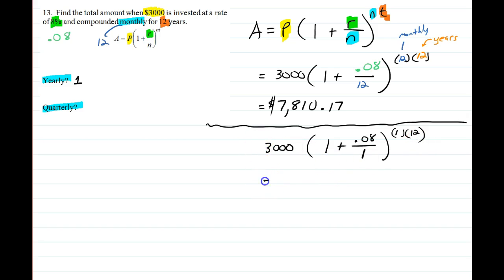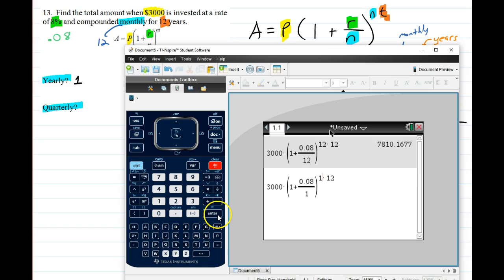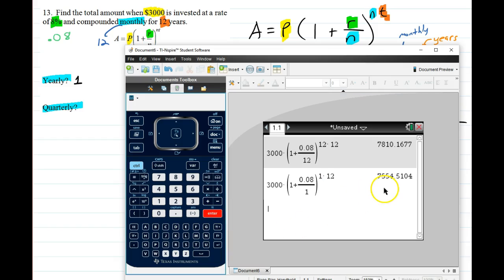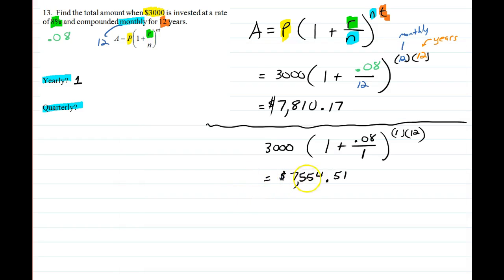Put that in your calculator. And you should end up with $7,554.51. So this number should be smaller because it's only compounded once a year, whereas this one is compounded 12 times a year. So in this example, they give you interest once per year. In this example, they're giving you interest 12 times a year.